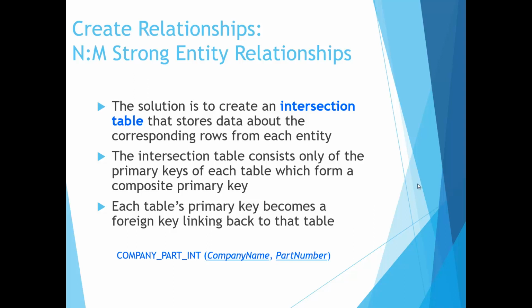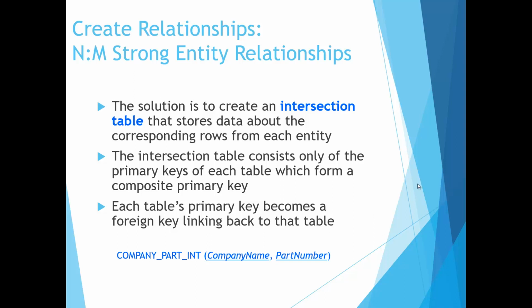The solution is to create an intersection table that stores data about the corresponding rows from each entity. The intersection table consists only of the primary keys of each table, which form a composite primary key. Each table's primary key becomes a foreign key, linking back to both main tables.